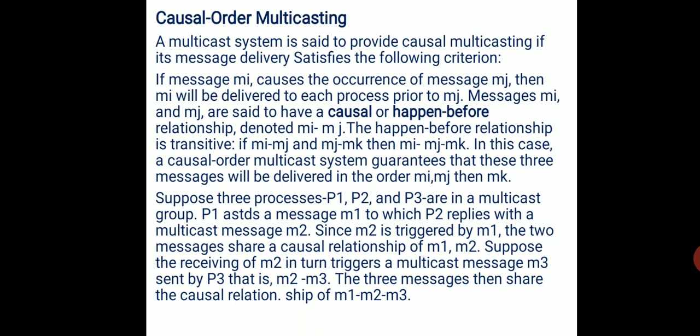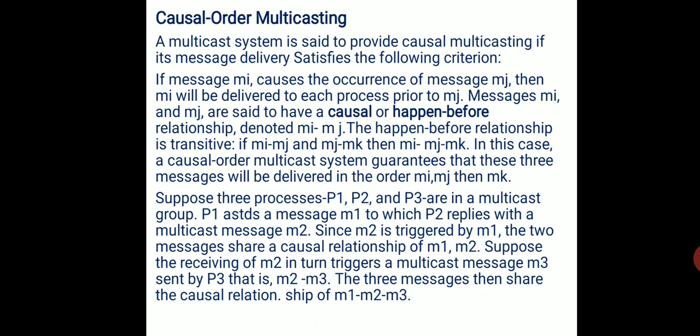Suppose Mj is a reply for Mi and Mk is a reply for Mj. So the order will be Mi, Mj, Mk. A causal order multicast system guarantees that these three messages will be delivered in the order Mi, Mj and Mk.